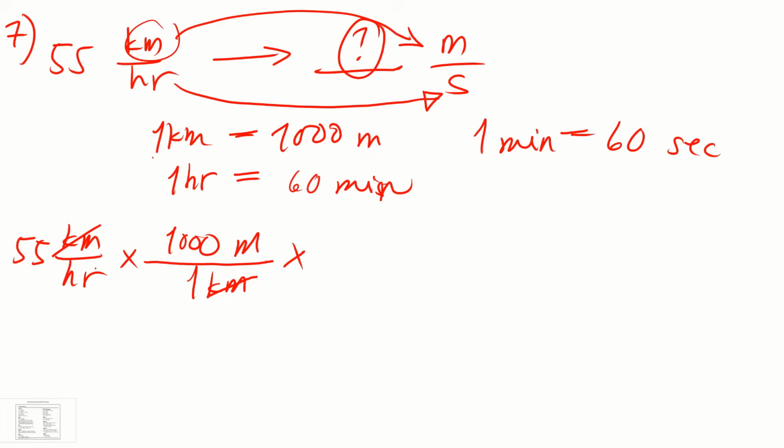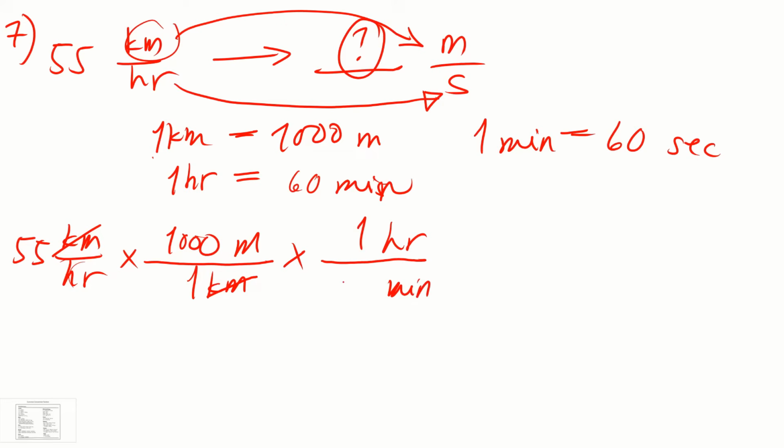So we can now cancel out 1 kilometer in our solution. So now we can write the conversion factor for hours. So yung hours, 1 hour is equal to 60 minutes. So saan natin ilalagay si 1 hour? Since nasa denominator siya sa original unit, ilalagay natin siya dito sa numerator para mag-cancel out sila, and then si minutes sa denominator.